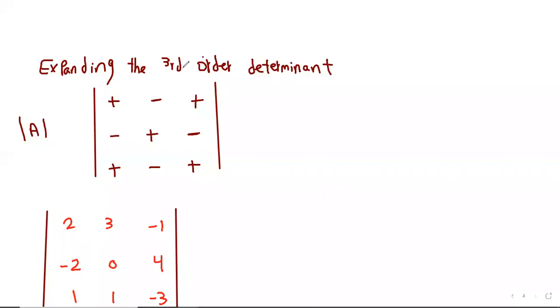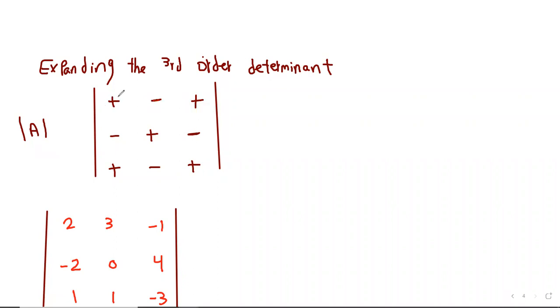How can we expand the third order determinant? We need to know the sign of the determinant in expanding. Here, plus, negative, positive, negative, positive, negative, positive, negative, positive. What does it mean?